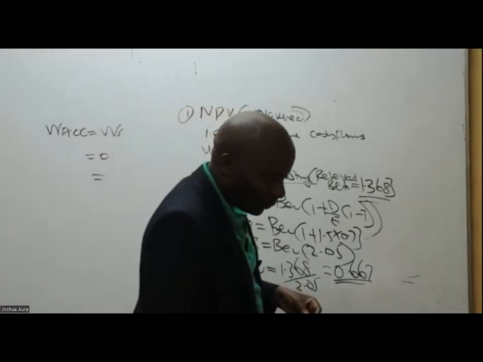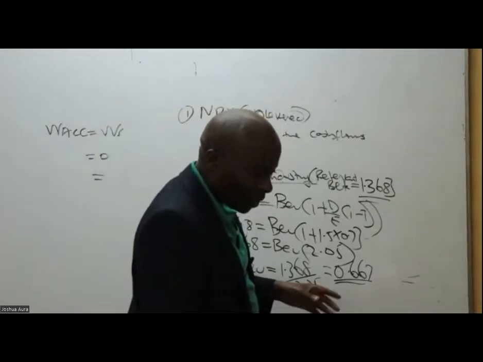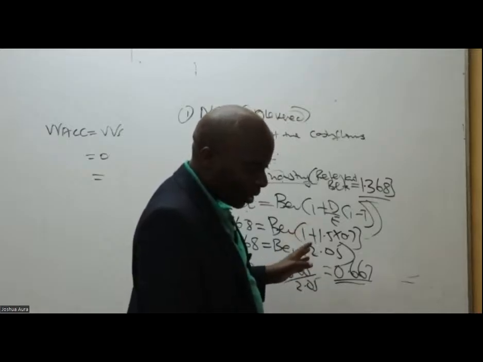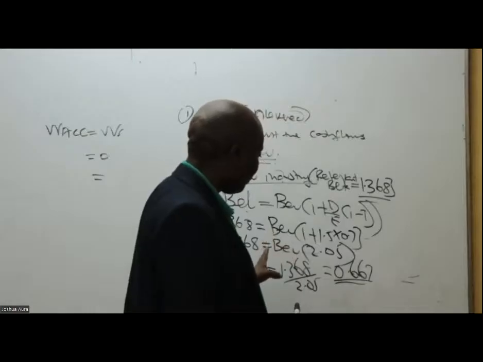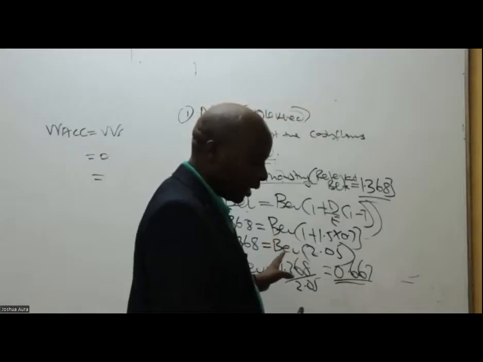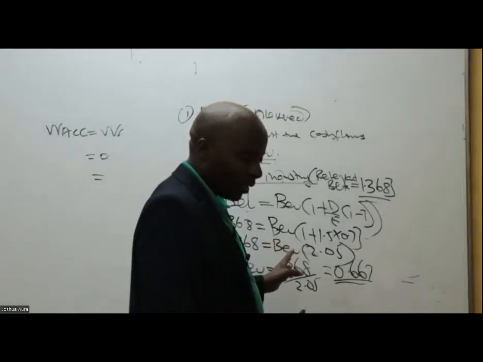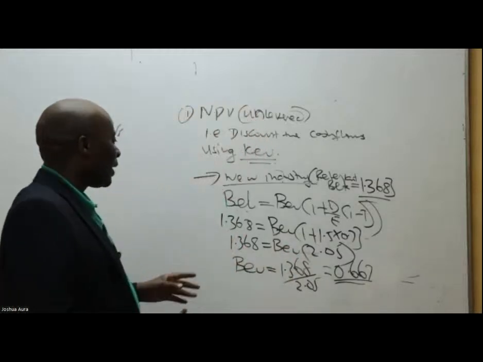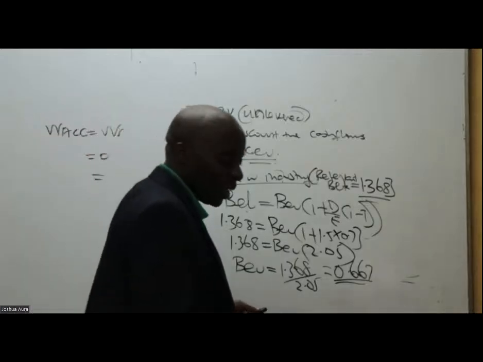So this 0.667, I'm being told it is correct. Beta equity of the unlevered firm, the figure is okay. So if that is the case, what do I need to do?